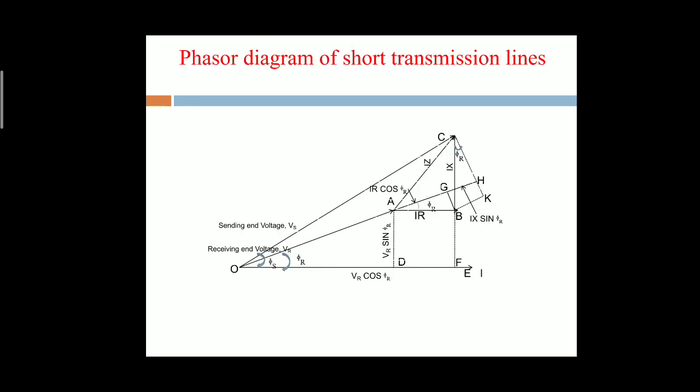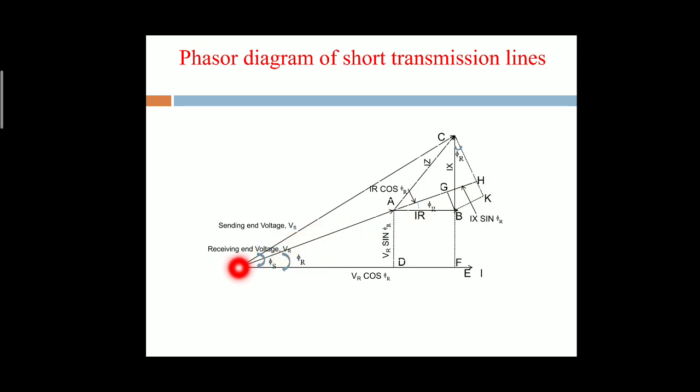The sending end voltage is OC. OC is approximately equal to VR, taking VR as equal to OH. OH means VR is approximately equal to OA plus AG plus GH.